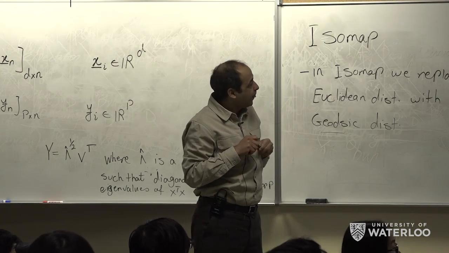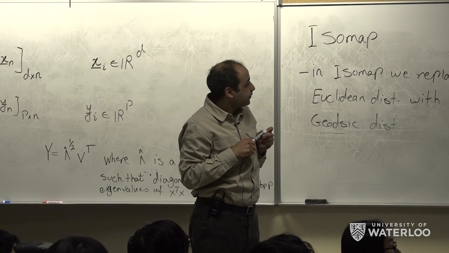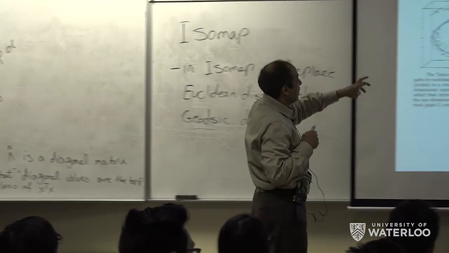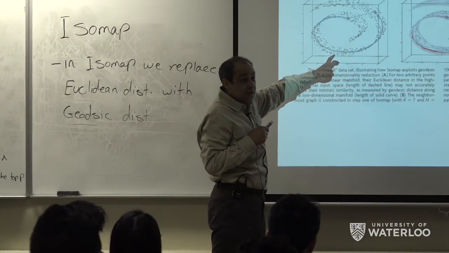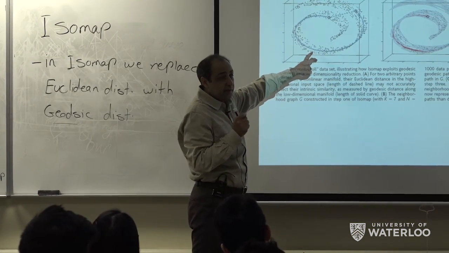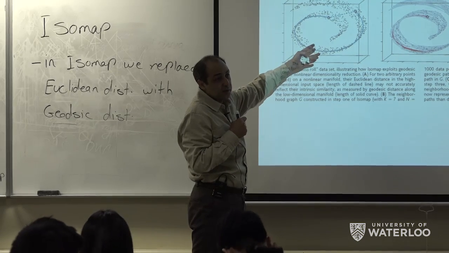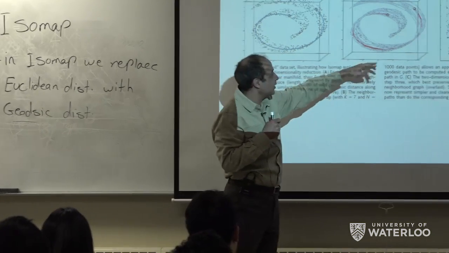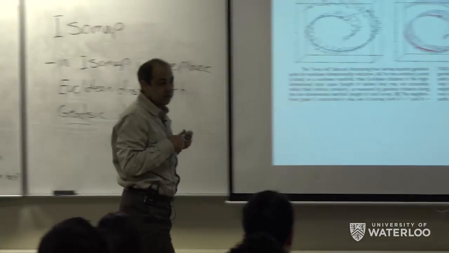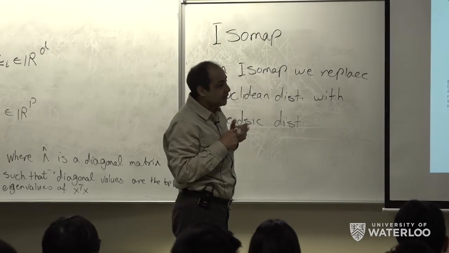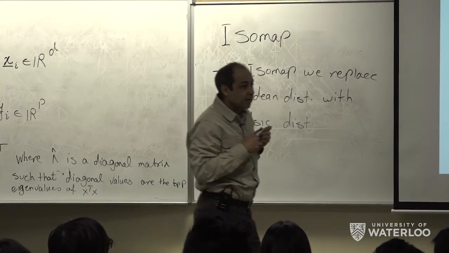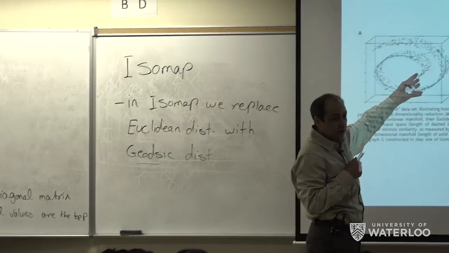No, I understand. But I'm saying the axes. Yeah, the axes are basically 3-dimensional points, X, Y, and Z in 3-dimensional space. And in figure C, the same. You don't change the geometry of the data.